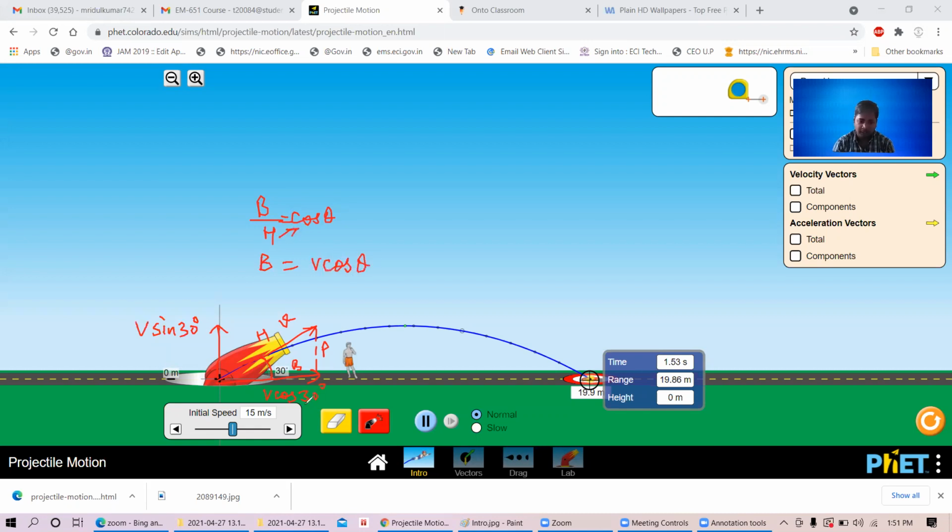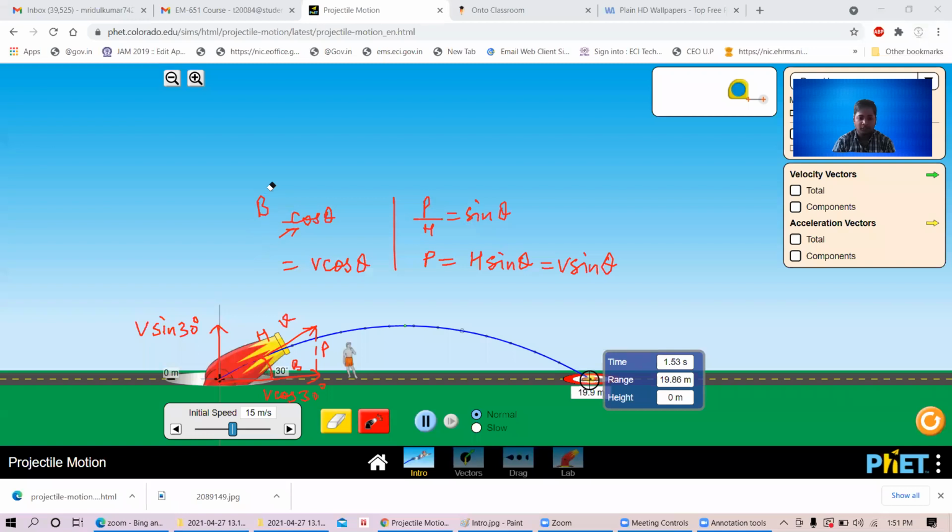That's why I have written v cos 30. Similarly, perpendicular upon hypotenuse is sin theta, so the perpendicular equals hypotenuse times sin theta, that is v sin theta. Hope this part is clear.